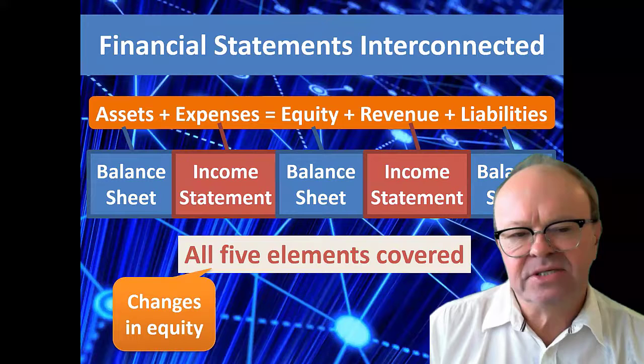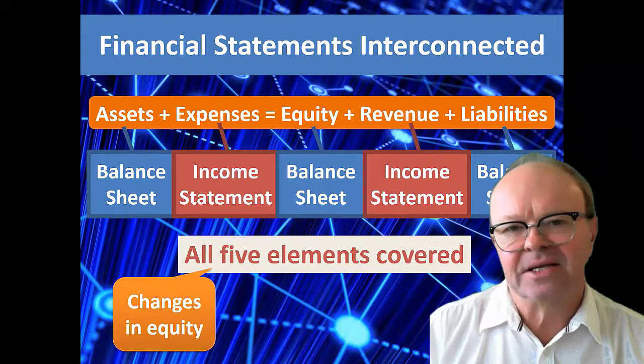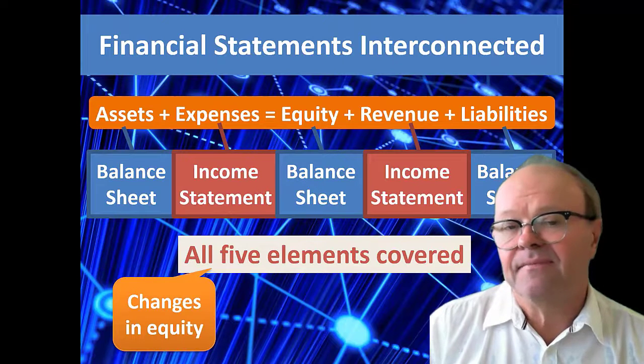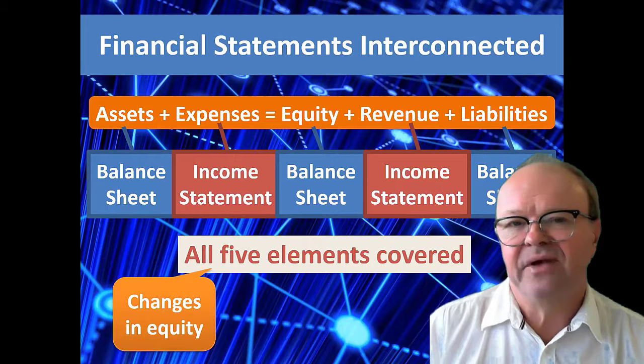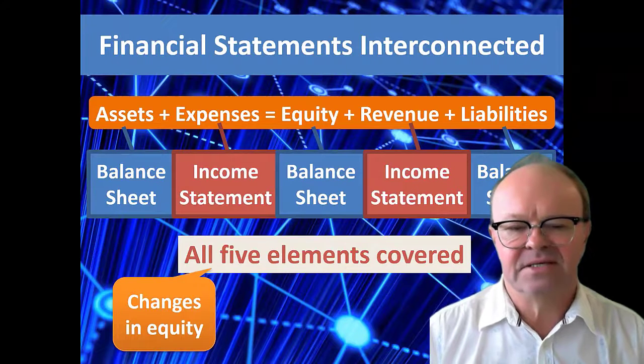We saw the statement of changes in equity shows us how equity changes from last year's balance sheet to this year's balance sheet, showing us the profit and other comprehensive income and total comprehensive income, plus also the various transactions between the firm and its equity investors.